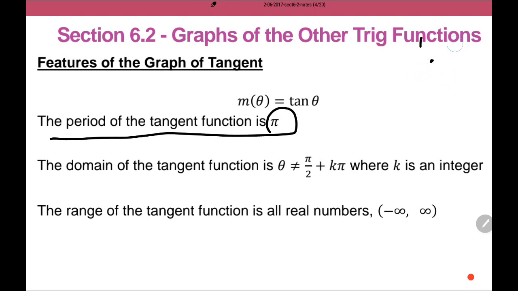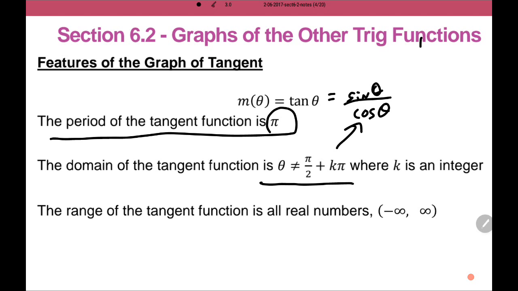Alright, now one of the other aspects of that being sine over cosine: if cosine is 0, I can't do this. So that means I'm going to have some vertical asymptotes. At 0, cosine is 1, and when we get to pi over 2, cosine is equal to 0.